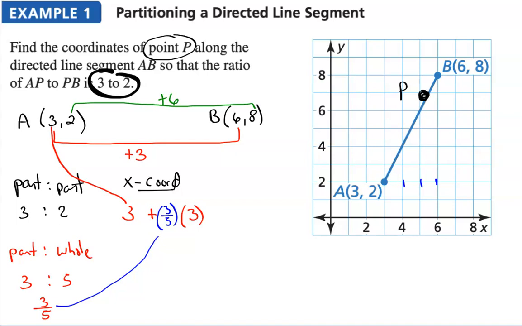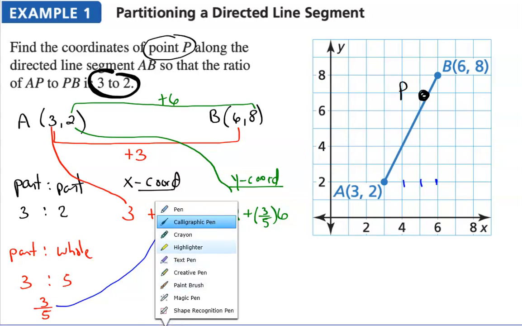And the same thing is going to happen with the y coordinate. I'm going to start at that 2. If I add the 6 units, that's going to bring me all the way to 8. I don't want to get all the way to 8. I only want to get 3/5 of the way to 8.